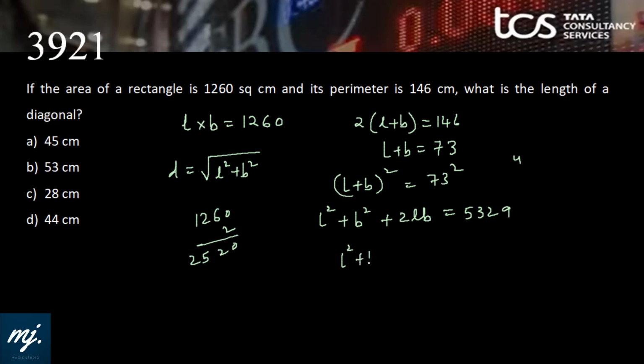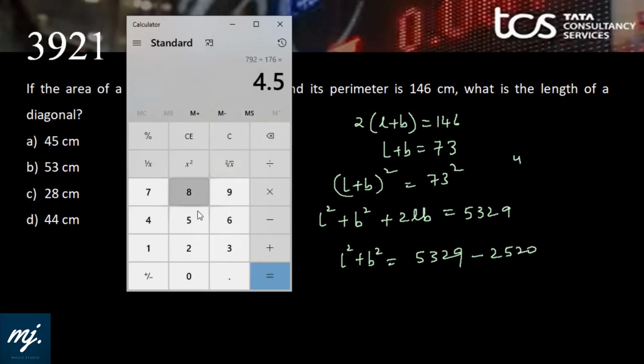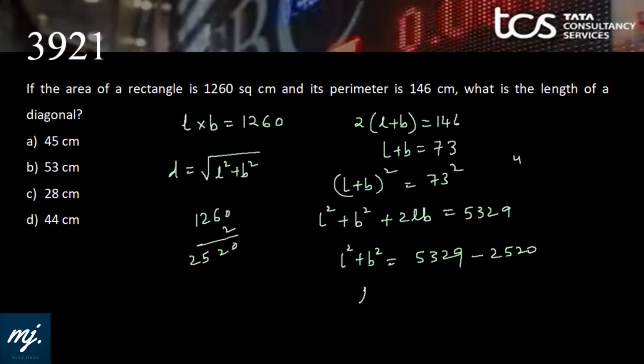That means L² + B² is 5329 minus 2520. 73 into 73 is 5329, minus 2520 is 2809, and the square root of that is 53. That means √(L² + B²) is 53. The length of the diagonal is 53 centimeter, and that is option B.